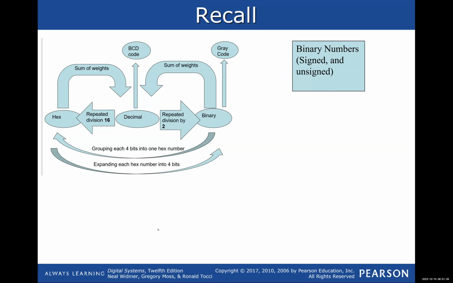We're going to be building those, and we really need to be aware of which is signed or unsigned. We've learned how to add two signed or unsigned numbers, or how to subtract them. And in the subtraction, what did we use? We used the two's complement. Two's complement is going to play a big role today in our system designs.